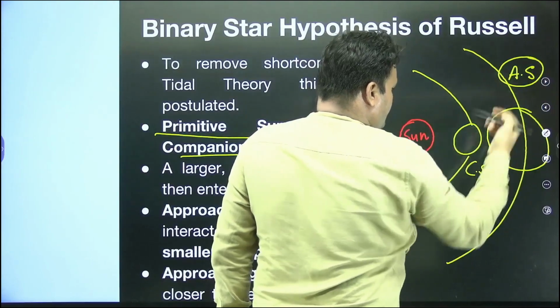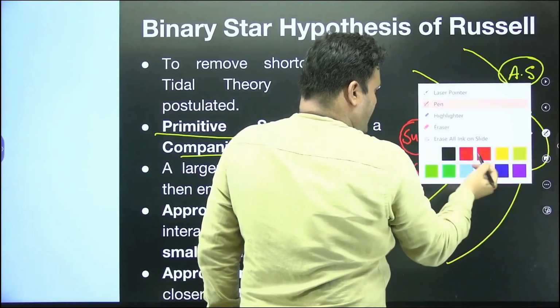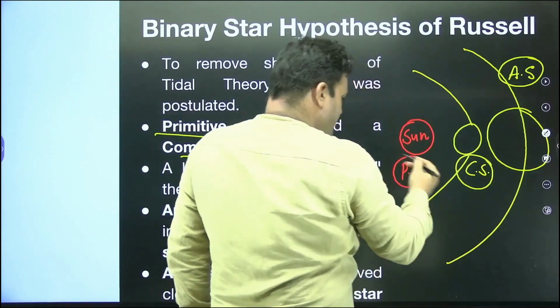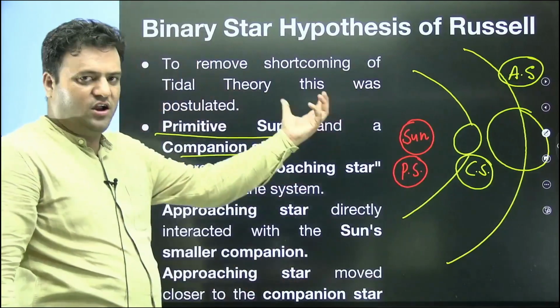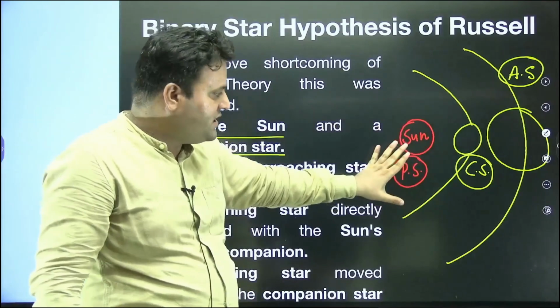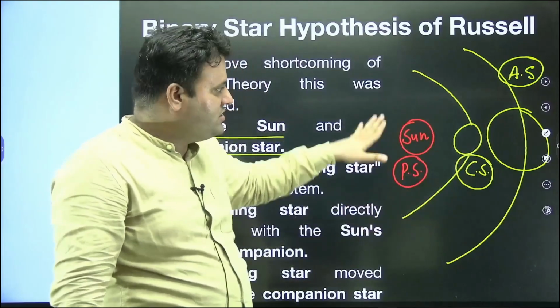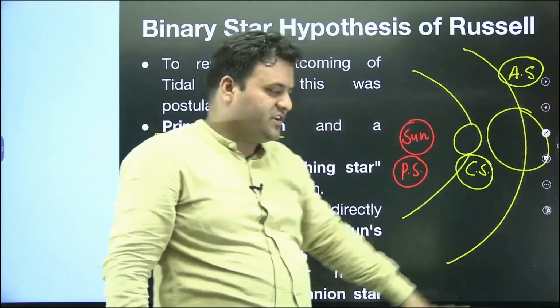This is known as the companion star, and we have a primitive sun. So we have a combination of three stars here. Primitive sun was there, companion star was revolving around the sun, and then we have an approaching star.